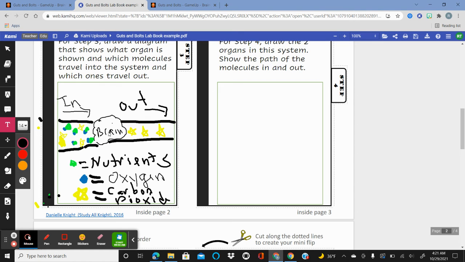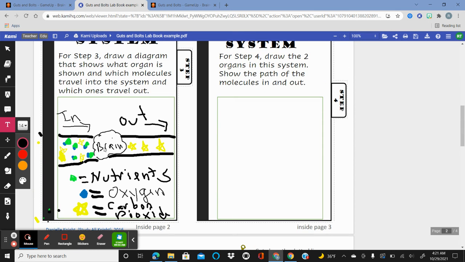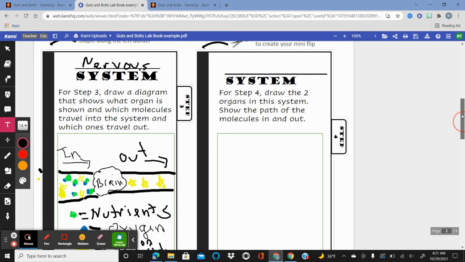So I'm showing what's going into the brain and what's going out. This game is to get you focused on how molecules move throughout the body, specifically, what organs do they go into? When they come out, how are they different, if they're different at all? So if you need to, go ahead and use mine for this.